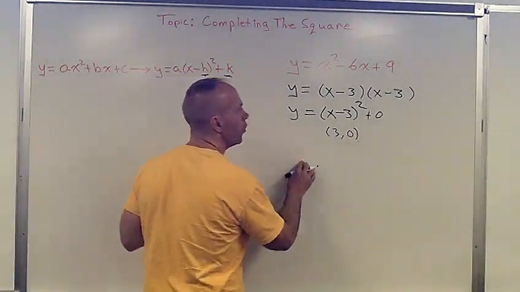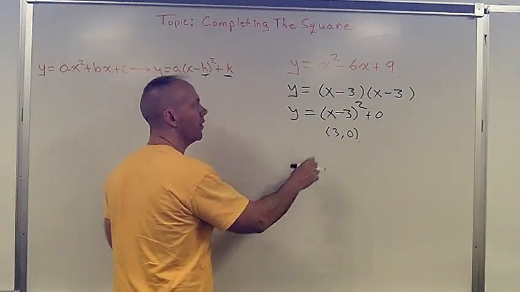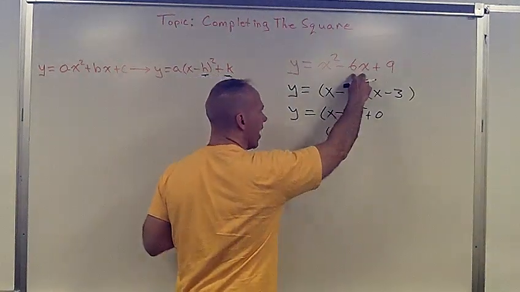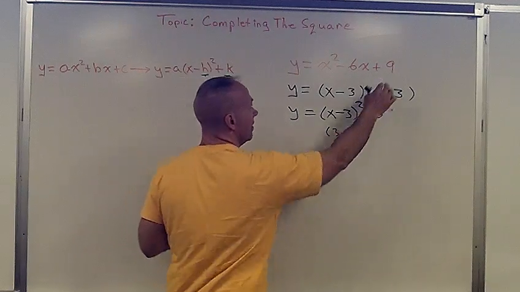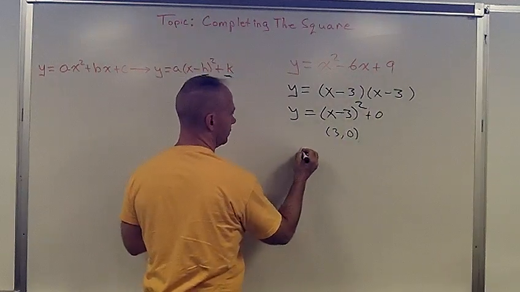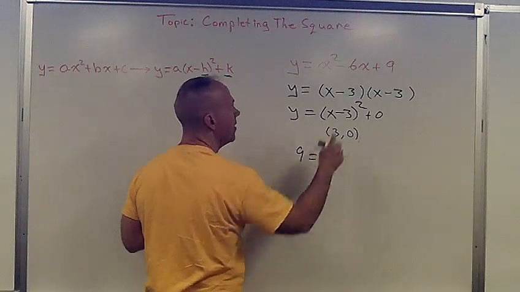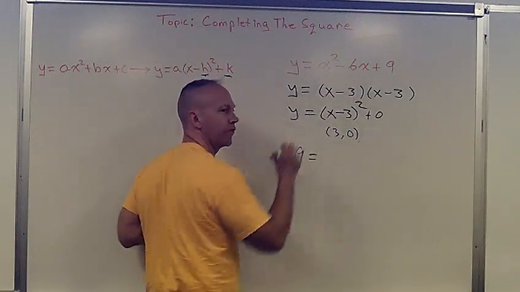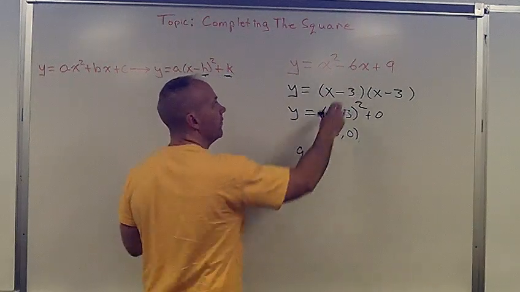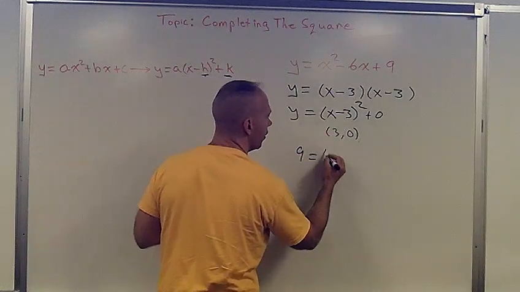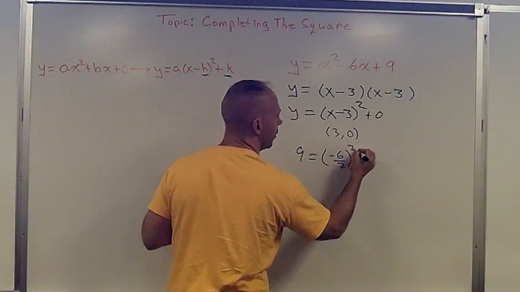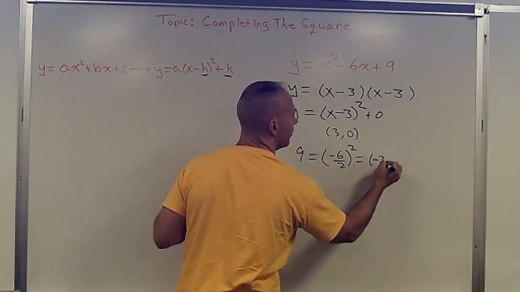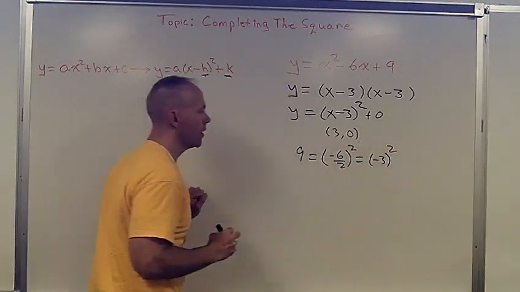Why did this work out so well? Well, for this to factor into a binomial square, what has to be true is the last number, 9, is 1/2 of b, 1/2 of the second term, squared. Negative 6 over 2 squared, or negative 3 squared.